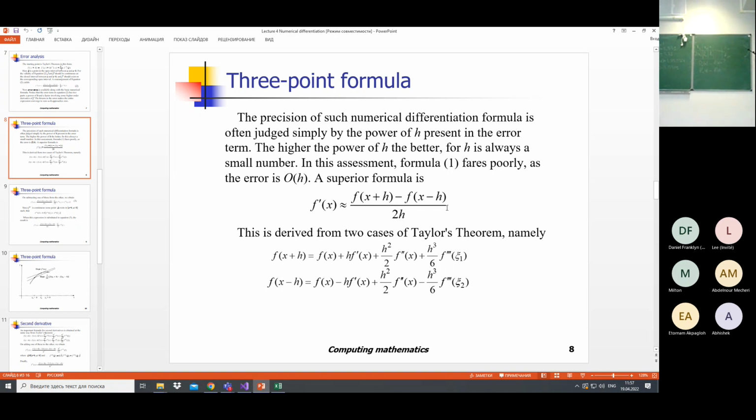F of x minus h. In our case, what is x minus h? 0.9. Yeah. Please compute f of 0.9 and substitute these two values into this formula.